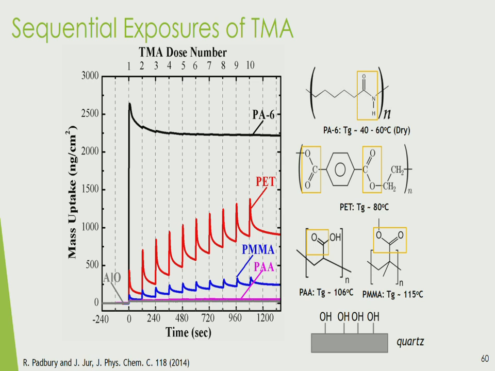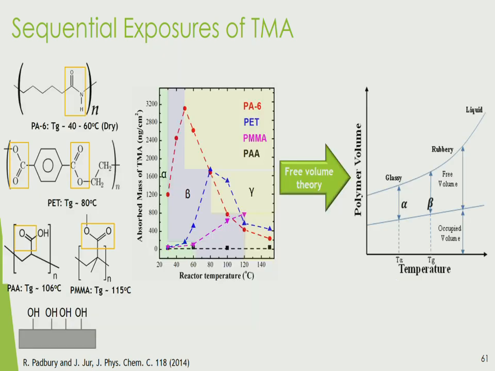So our Tg is really low here. And it seems to be actually the lower the Tg, the more material that you're infiltrating. But then we can also start to increase the number of carbonyl groups within our polymer backbone repeating unit. And then with PMMA, we have our carbonyl group on a functional end group.